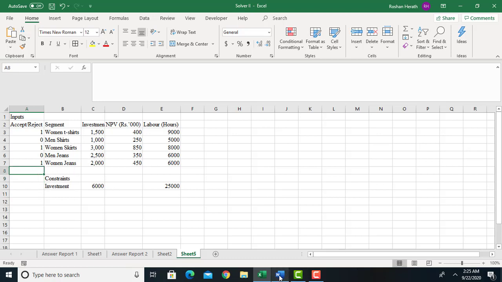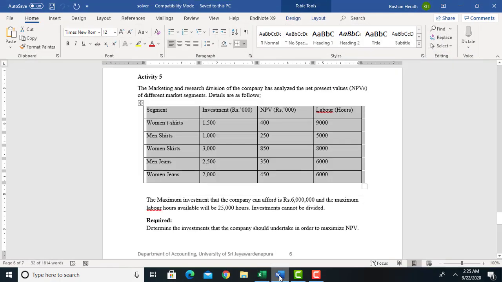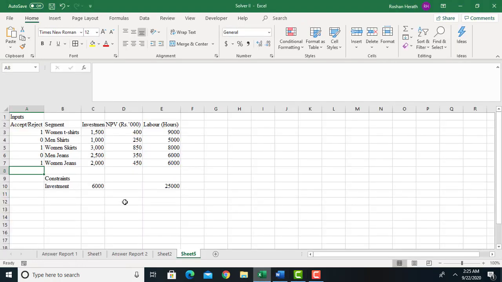Here they haven't mentioned how many projects they can undertake, but the investment cannot be divided. If you are going for a particular investment, you need to undertake it in full, otherwise give it up in full. Let's take the total NPV.